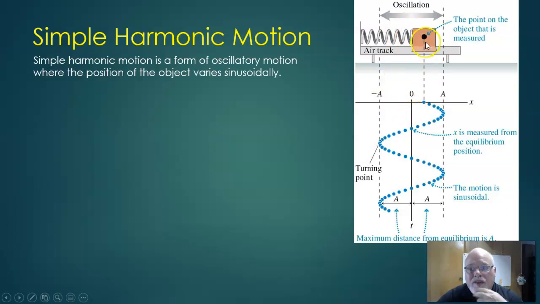Well, for an object attached to a spring, if we were to put down points to represent its position at discrete units of time, this is what the graph would look like. You can see that as time goes on, the distance the object's traveling each time is getting a little bit smaller until it's out here at the maximum amplitude, and then the distance each, say, second or millisecond or whatever, is getting larger as you go back towards the equilibrium.